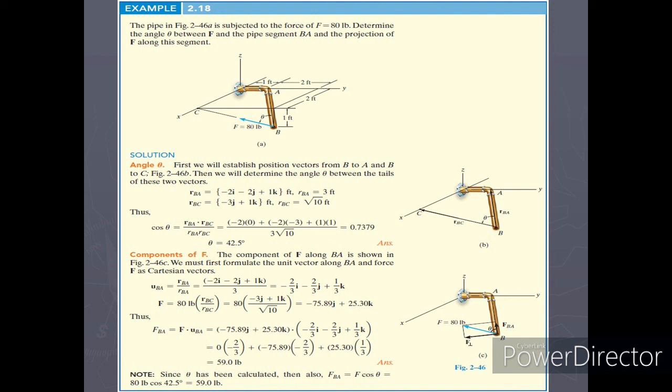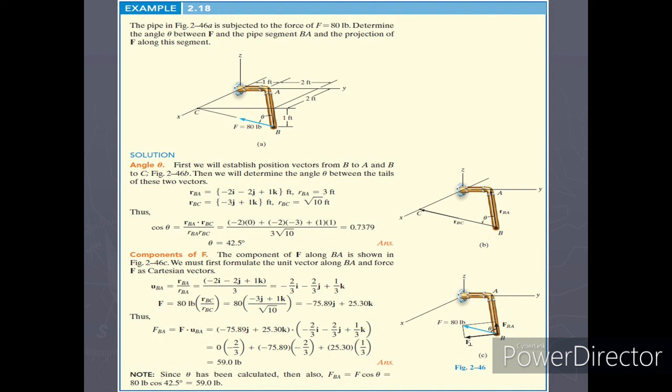Then I move 2 units on the negative x-axis, which is minus 2i. Then 2 units on the negative y-axis, which is minus 2j. So I have minus 2i minus 2j plus 1k, by just looking at the figure.